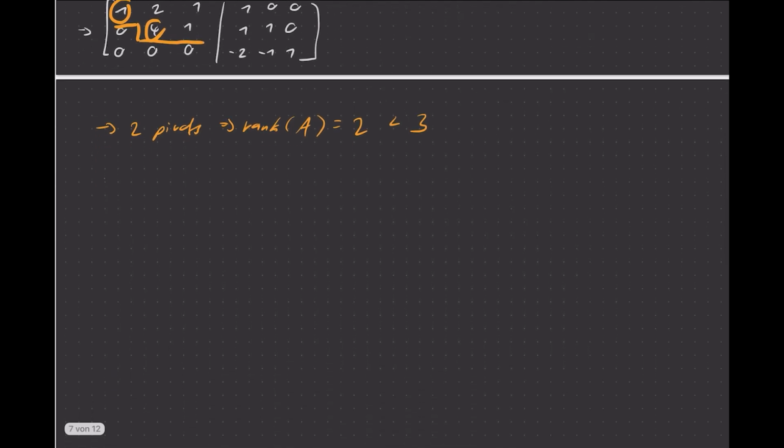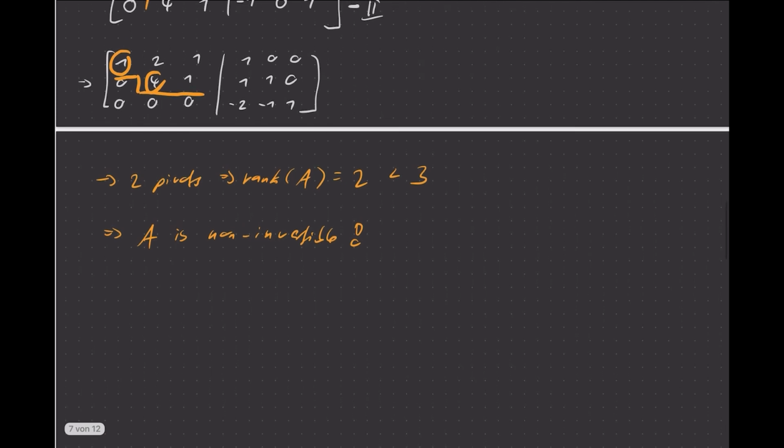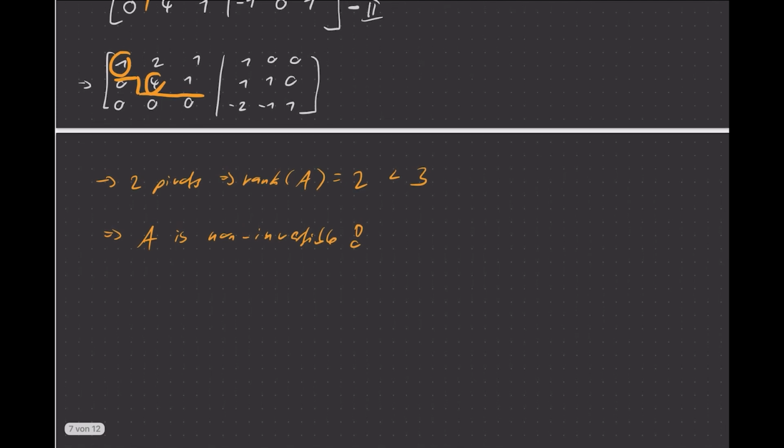And that tells us the matrix A is non-invertible. And that also means we can stop right here, and we have to stop right here, because there's no way we could get this matrix into the form of an identity matrix. We will not get rid of the entries that we need to.